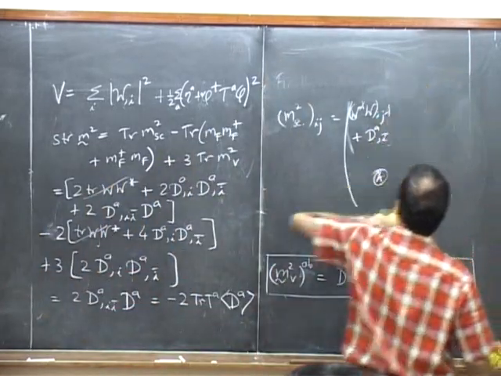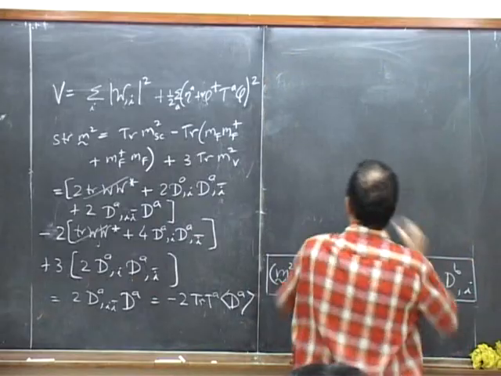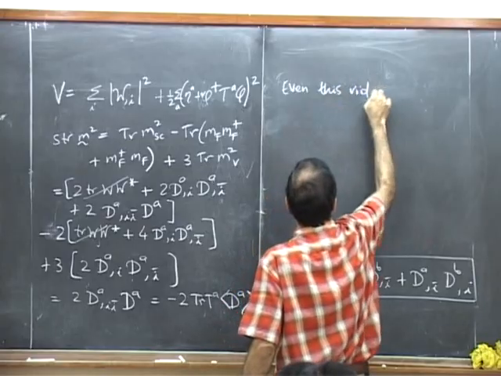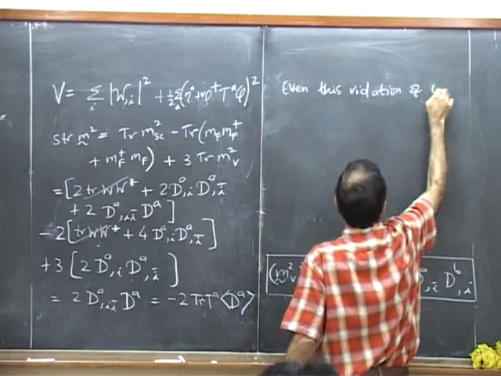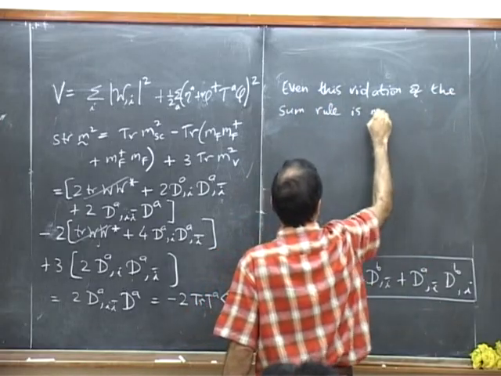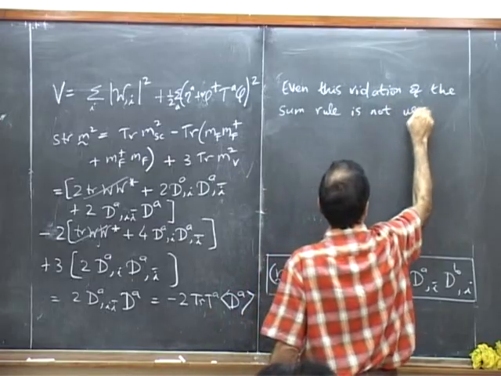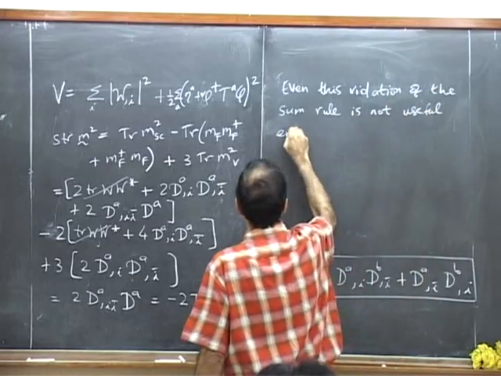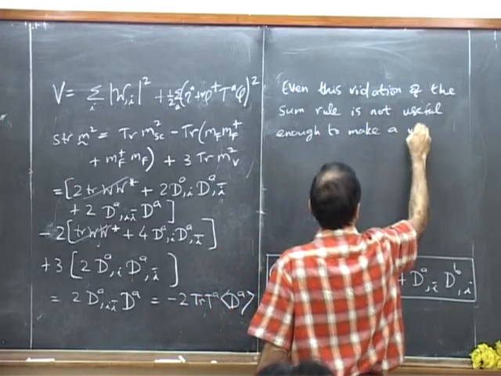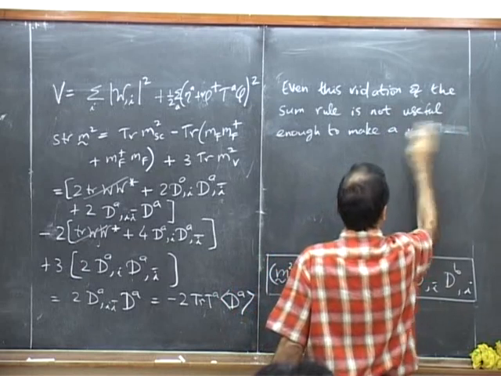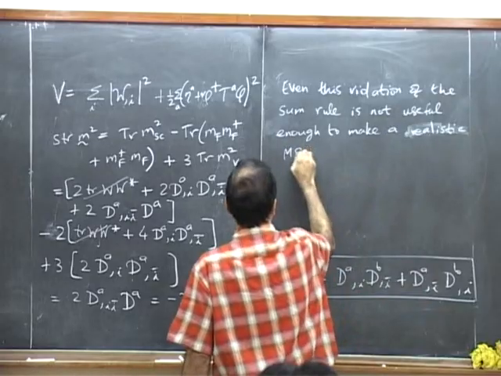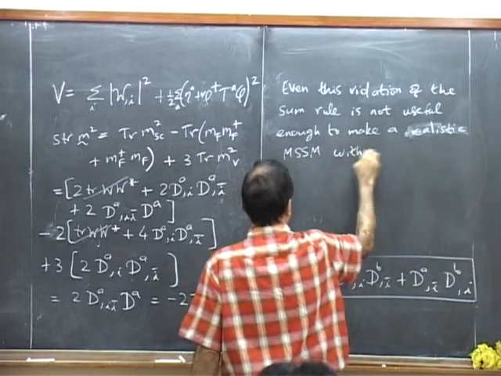But even this violation of the sum rule is not useful enough to make a viable, realistic MSSM with spontaneous supersymmetry breaking.